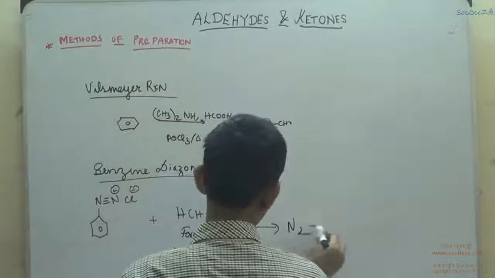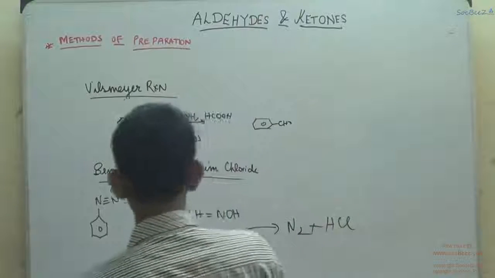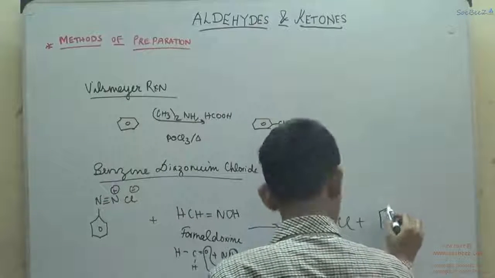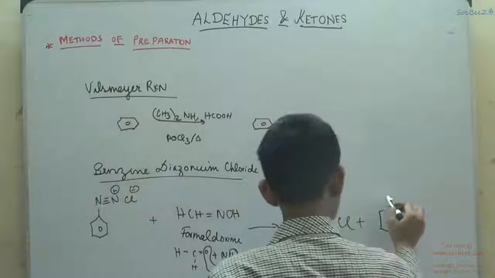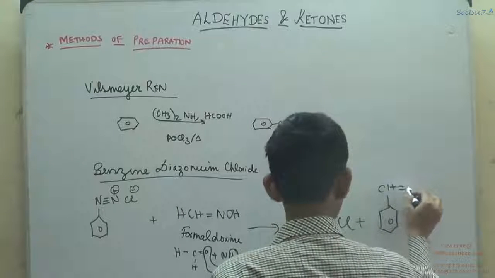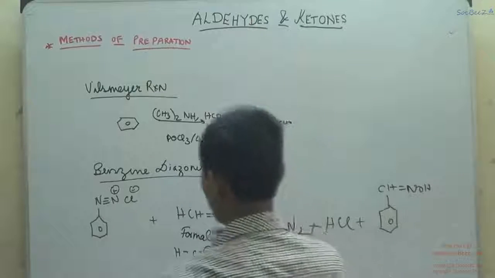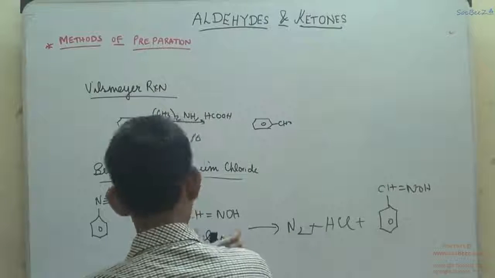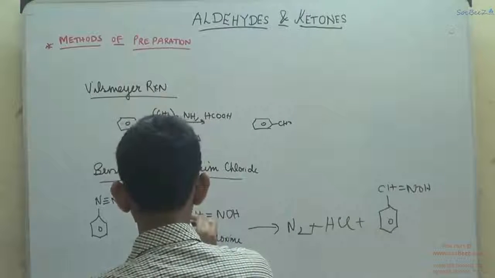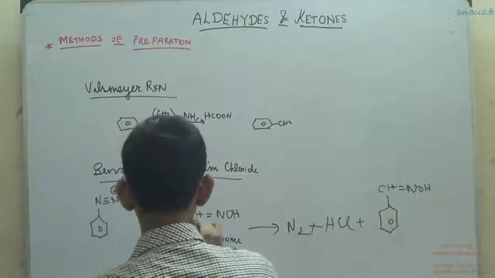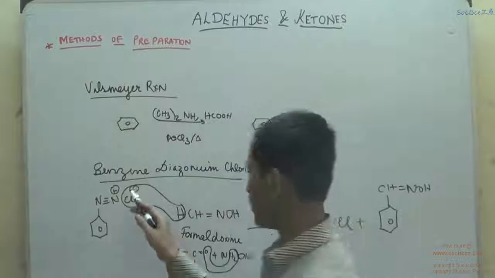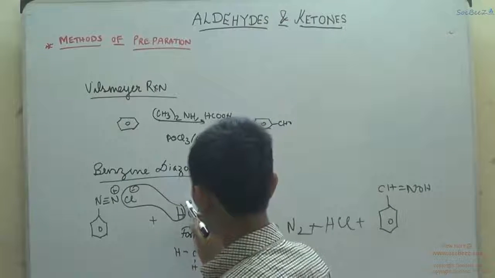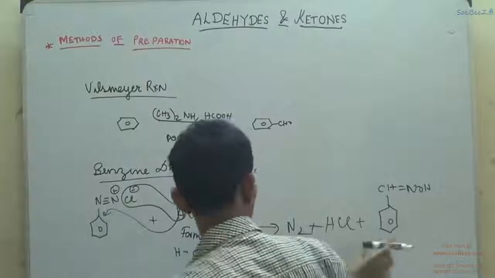Diazonium salts being unstable, release N2, HCl is released with this H and Cl, plus you will get your benzaldoxime. Once N2 is removed, you have Cl minus, it picks up this H from here, and this then goes and attacks this.